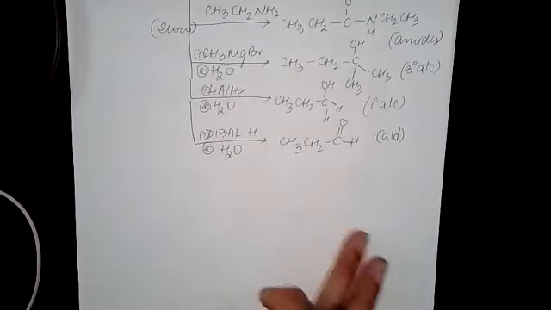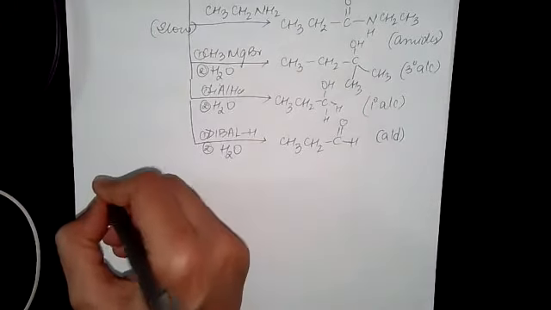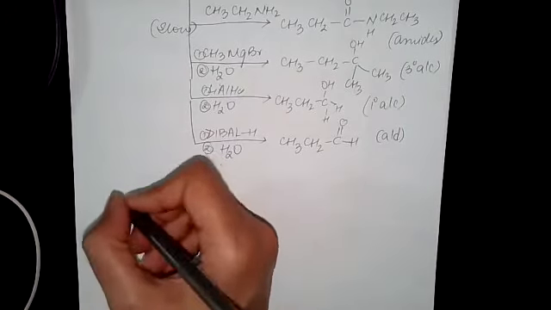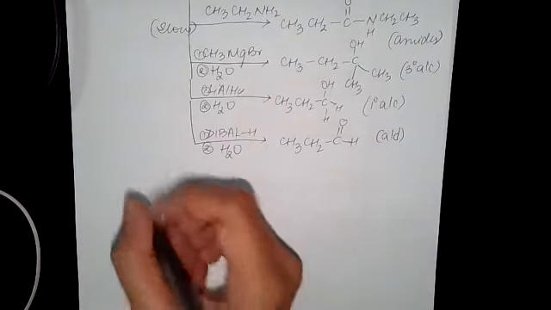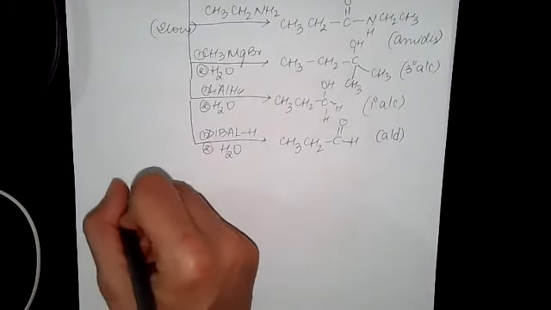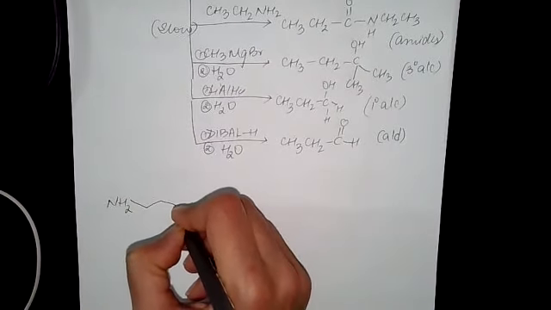The reactions of amides. If you look at amides, one of the first things that I wanted to point out to you was just like we had cyclic esters in the form of lactones, we can have lactams from amino acids. So let's say I have an amino acid 1, 2, 3, 4, 5.